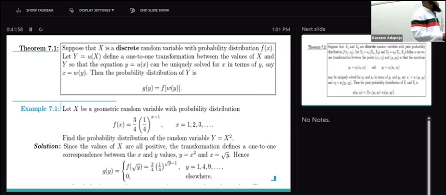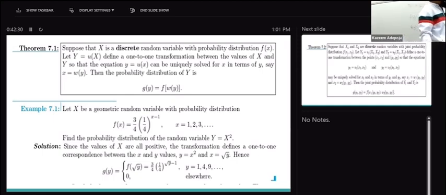Now, let me give you an example. Let x be a geometric random variable with a probability distribution given like that: f of x equals 3 over 4 times 1 over 4 to the power x minus 1. Don't forget, we use a geometric distribution when we're trying to figure out how many failures we will have before we record the first success.